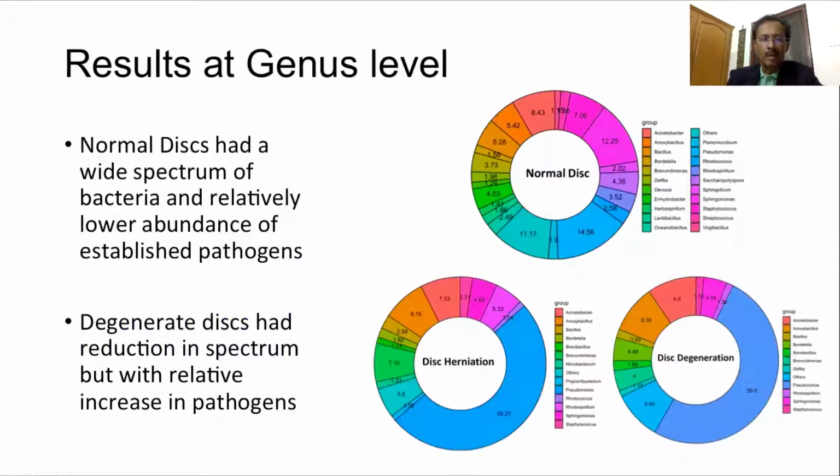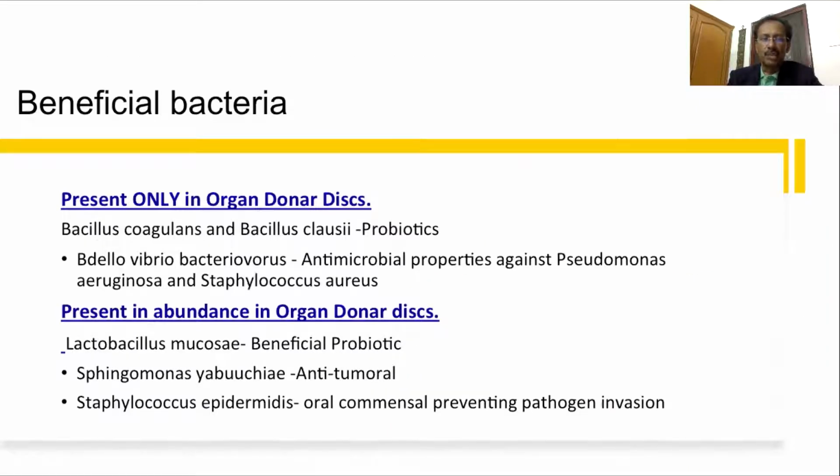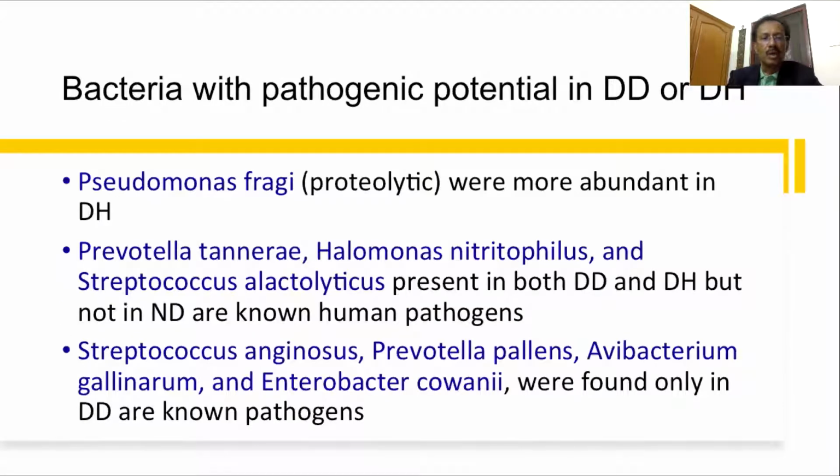While normal discs had a wide spectrum of bacteria and relatively very low abundance of established pathogens, degenerate discs had a reduction in the spectrum, but a relative increase in the number of pathogens. Beneficial bacteria like Bacillus coagulans and Bacillus clausii were present only in organ donor discs, and Lactobacillus mucosae and Sphingomonas were present in abundance only in the organ donor discs.